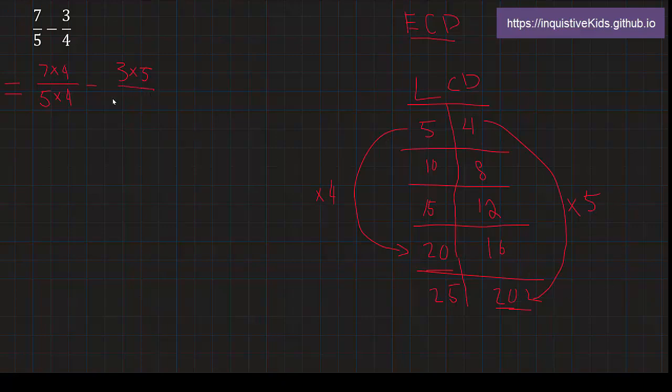At the bottom, again, we have 5 times 4, or 4 times 5. Now we simplify. The first fraction becomes 28 over 20, and the second fraction is 15 over 20. So we leave the denominators the same, and we subtract the numerators, which will be 13. Again, we get the answer, 13/20.